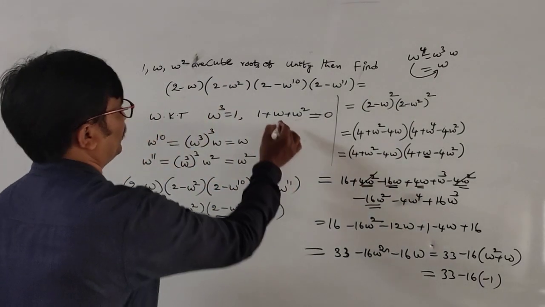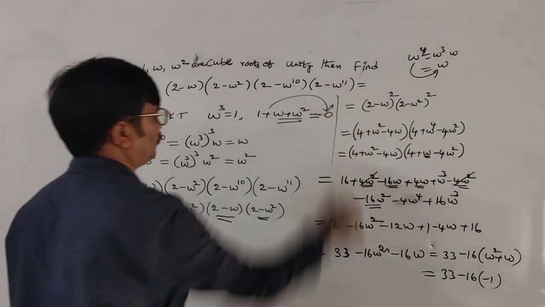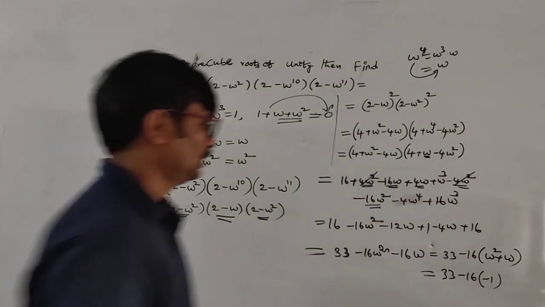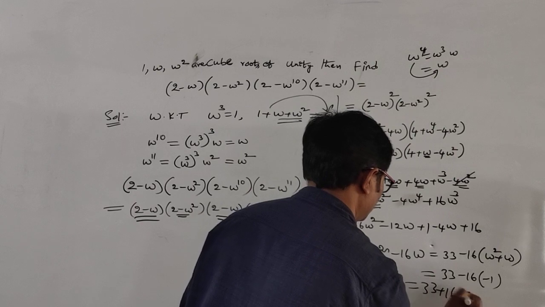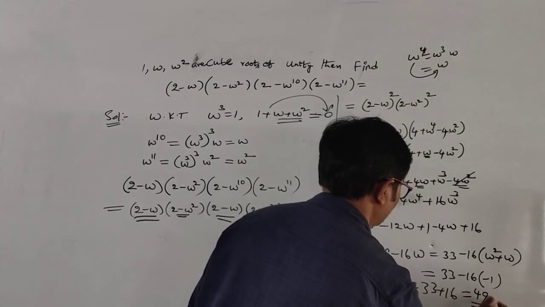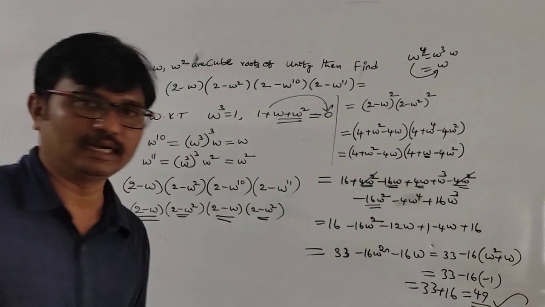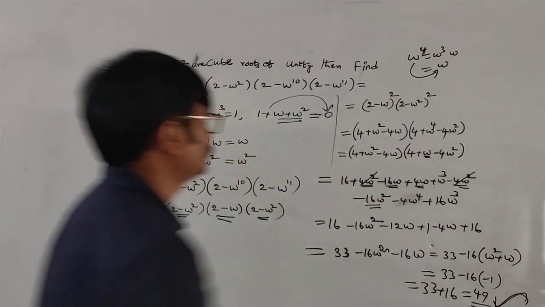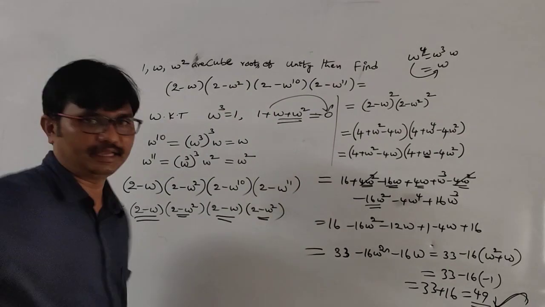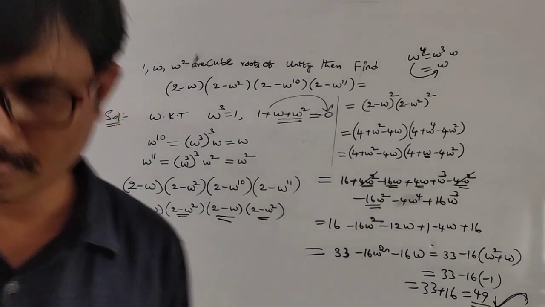Omega square plus omega is minus 1. So this is minus 1. So students, 33 plus 16 is 49. So this is the value 49. Okay students.